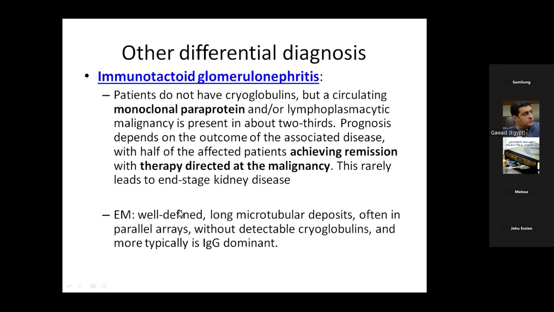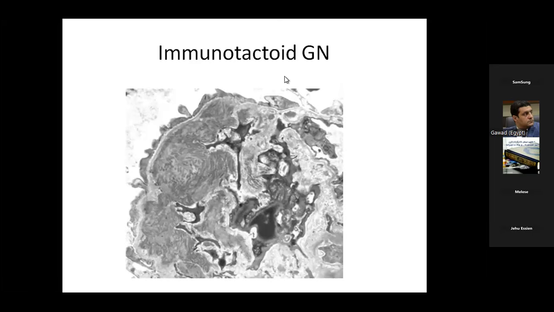Under EM, they will be well-defined, long microtubular deposits, so they are thicker than the fibrils, and often in parallel arrays without detected cryoglobulins, as we have said. They will be more typically IgG versus the cryoglobulins that are more typically IgM. Immunotactoid GN under electron microscope is more parallel.